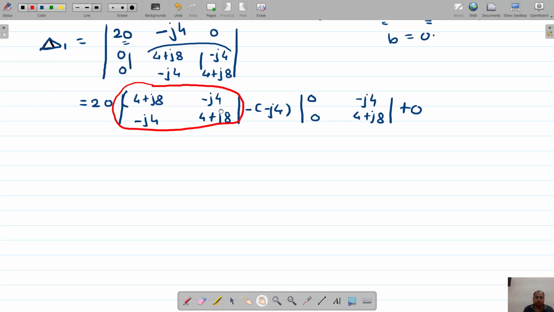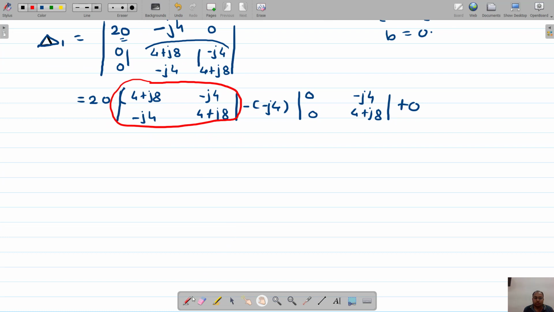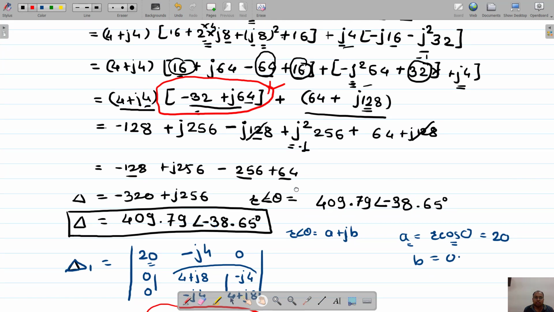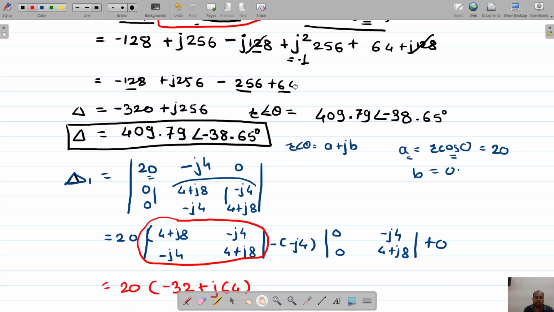So it reduces our donkey work, and it reduces our time as well. It is nothing but minus 32 plus j64. I hope that was the correct answer. Yes, let me recall it again. Yes, minus 32 plus j64.